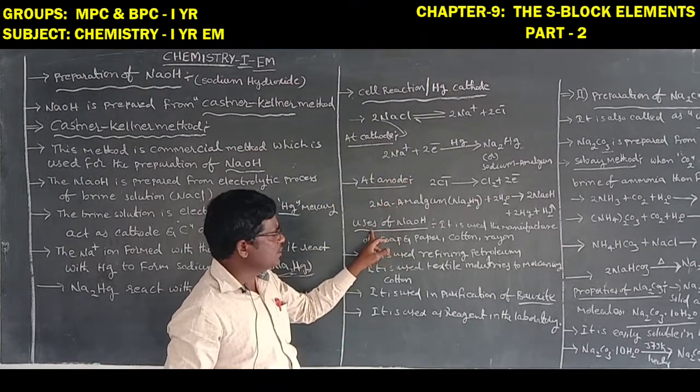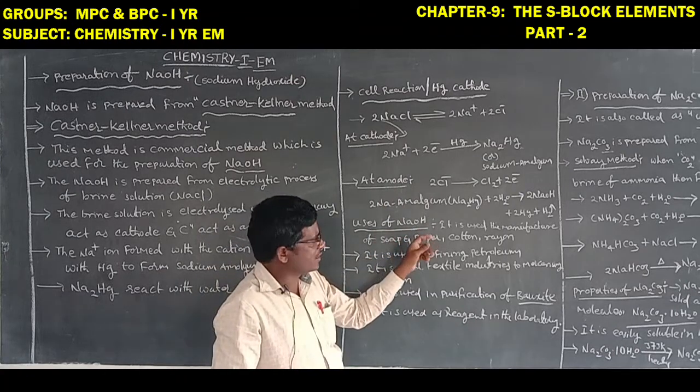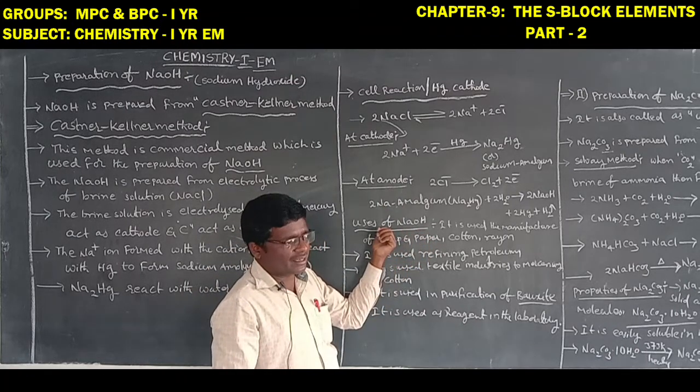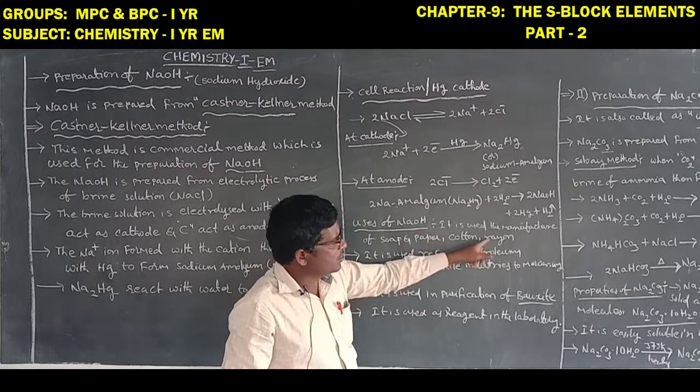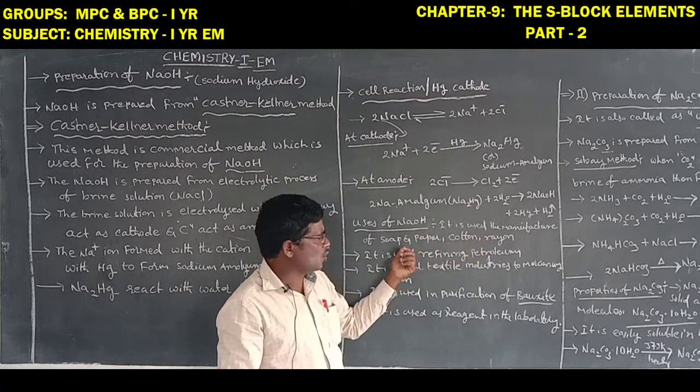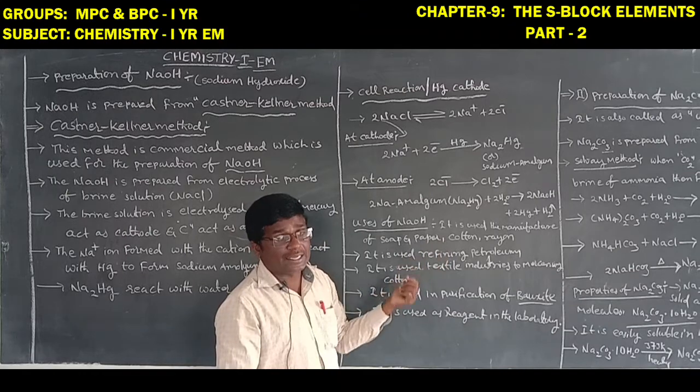Next, the uses of sodium hydroxide or caustic soda. Sodium hydroxide is used in the manufacture of soap, paper, cotton and rayon.